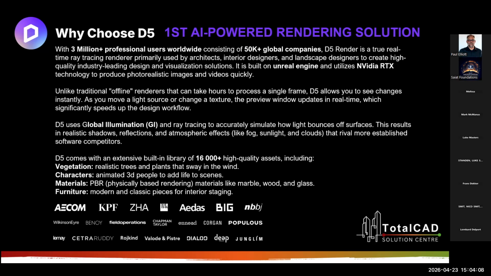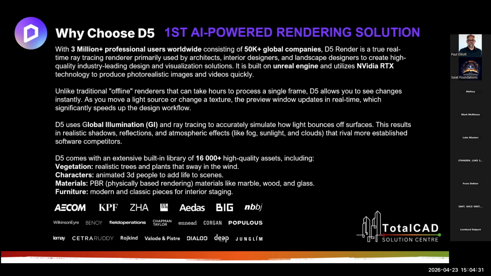D5 is not just a software company providing a tool for professionals to create these pretty pictures, showcase projects, and convince clients to buy into an idea or a concept. D5 is way more than that. We see D5 as more of a tool to assist design ideas, streamline workflow with AI features to help you save time and money.